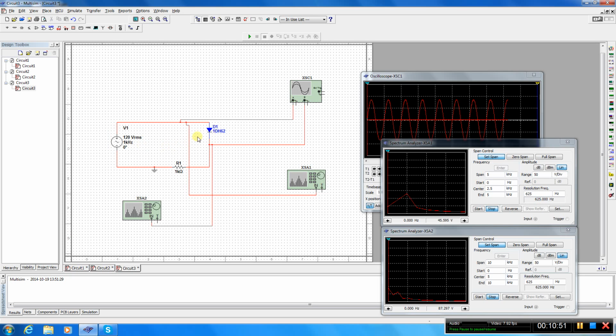So you are given also a diode and maybe a filter, and you are asked to make all needed manipulations to receive a sine wave, but the frequency of it should be not 1 kilohertz but 2 kilohertz.